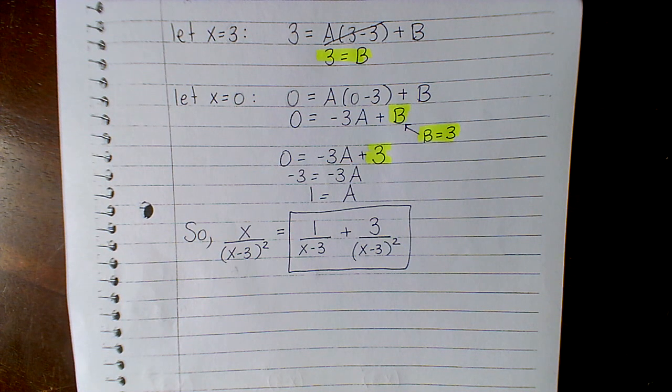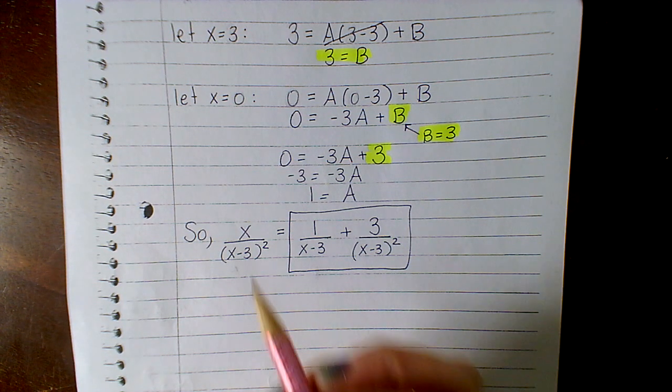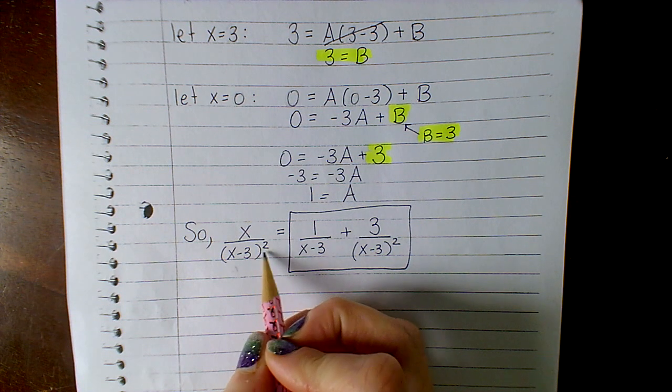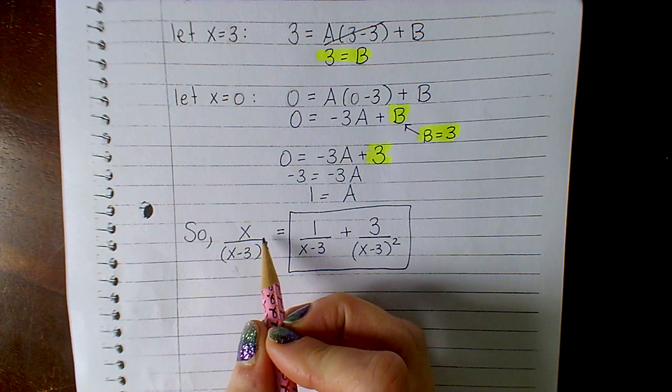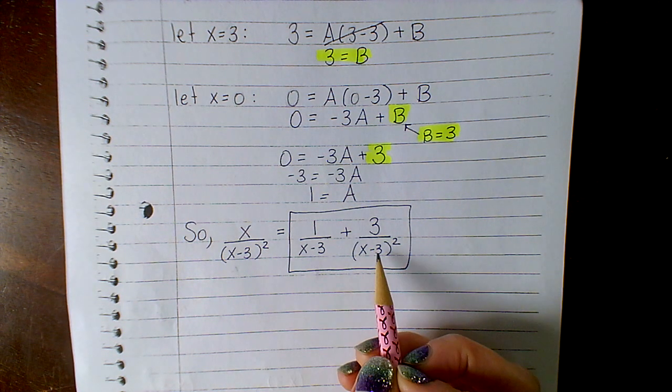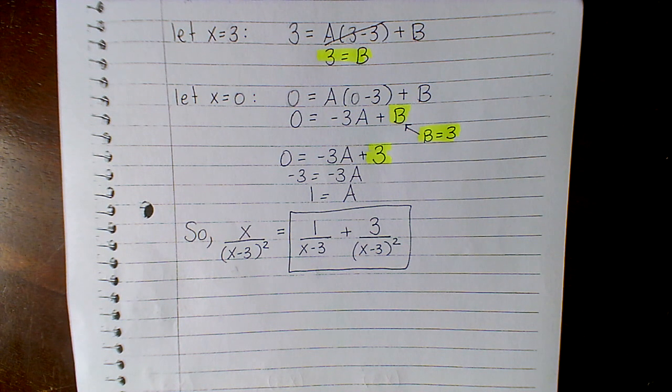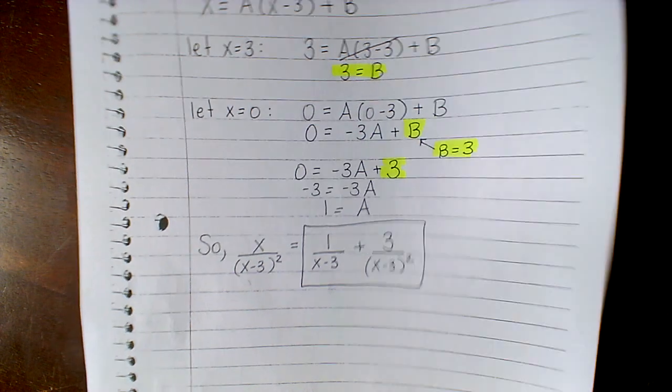These are different than just regular linear factors. When there's any kind of repetition going on with my linear factors, this has to be set up different from the beginning. All right, let's look at another example for a repeated linear factor.